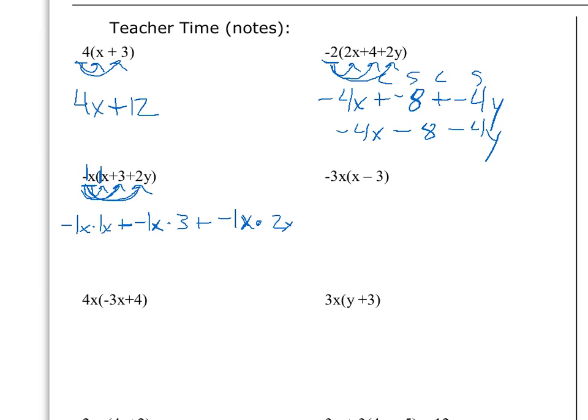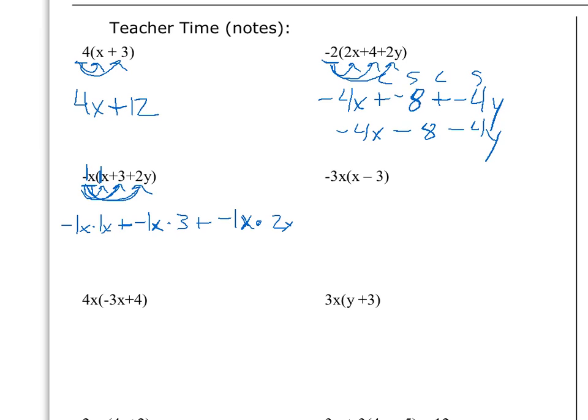Now, here we have to figure out what's going on in these multiplications. I have a negative 1, an x, a 1, and an x. I can commute those however I want. So that's a lot like negative 1 times x times x. Negative 1 times 1 is?